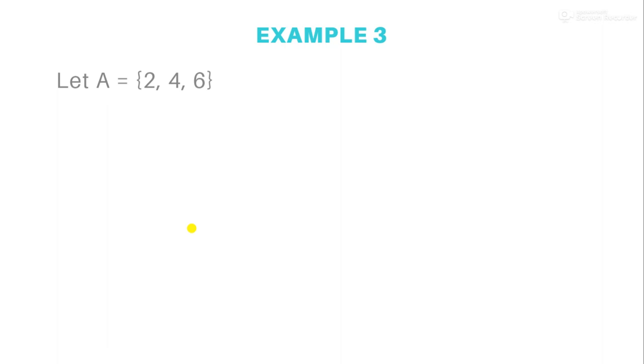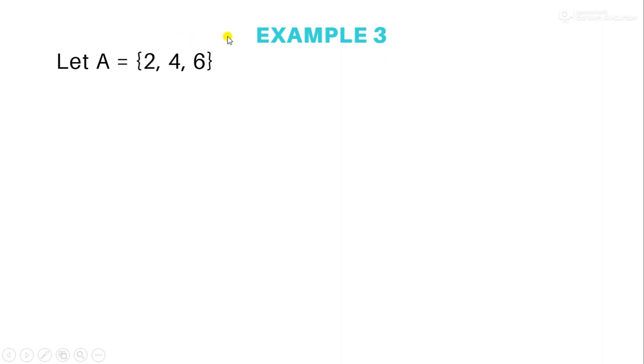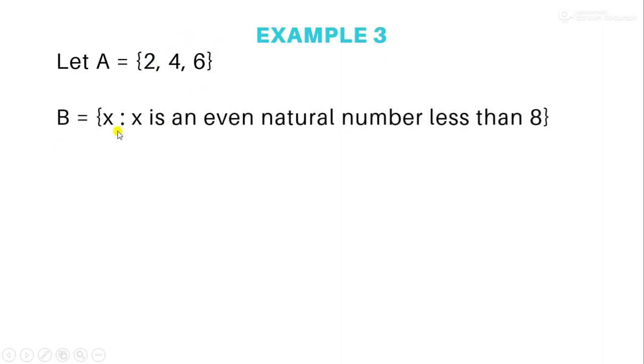So here is another example. Let set A be equal to 2, 4 and 6, and we have another set, B, and in B we have an element X, and X is an even natural number less than 8. So in set B we have even numbers which are less than 8. So we have set B equal to 2, 4 and 6.